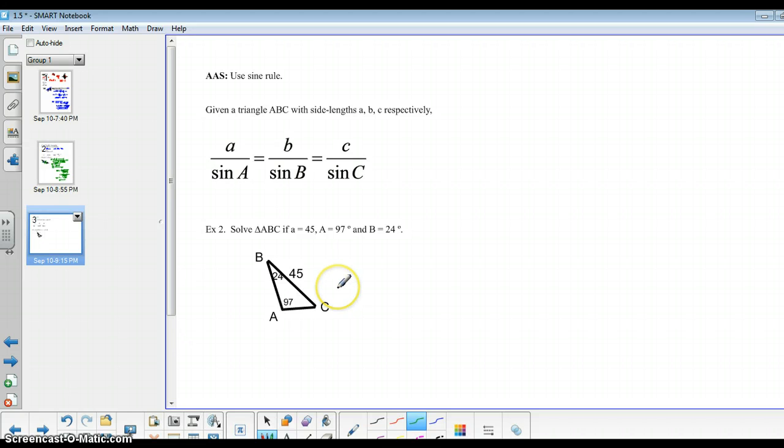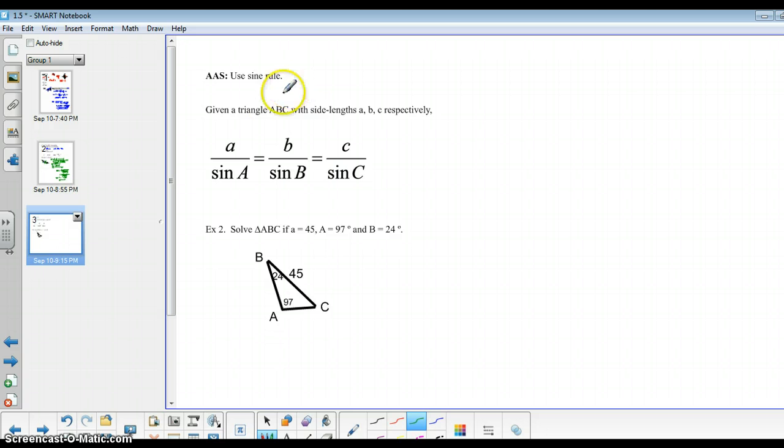Okay, so our last problem, when we have 2 angles and a side, we're going to use the sine rule. Depending on your problem, you could use either one, but it will depend on what is the given. In our case, for our example 2 here, we're going to be given 2 angles and a side, so we'll have to use the sine rule.